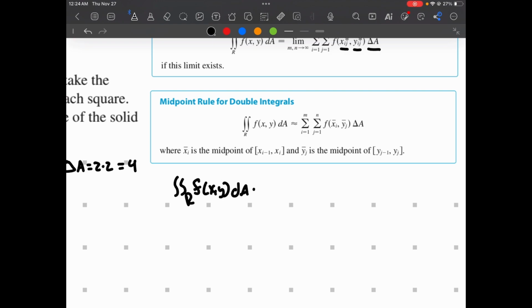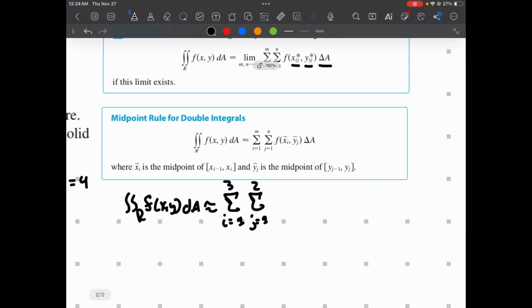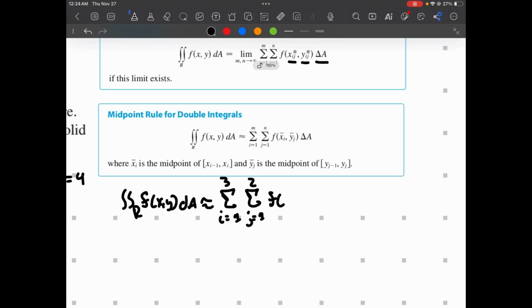The double integral can be approximated by the summation of i equals 1 to 3 with the summation of j equals 1 to 2 of f of x sub i, y sub j times 4.